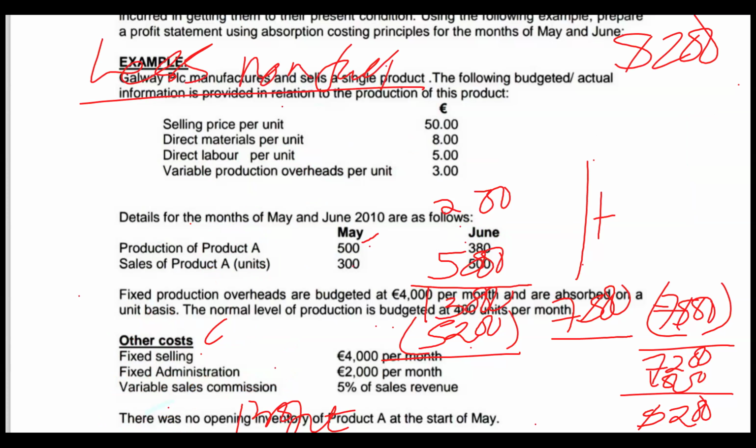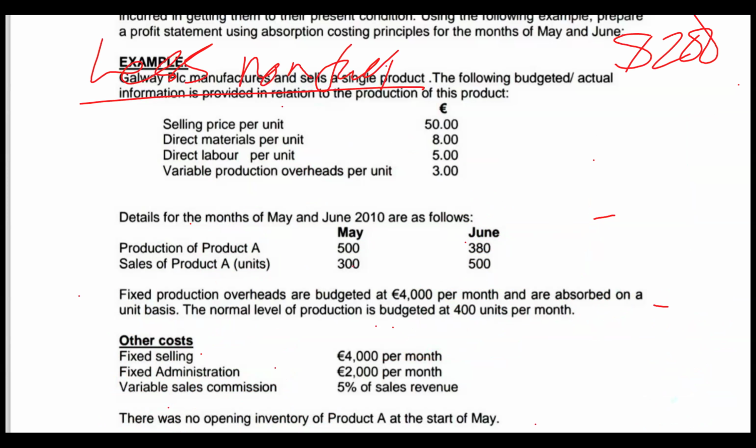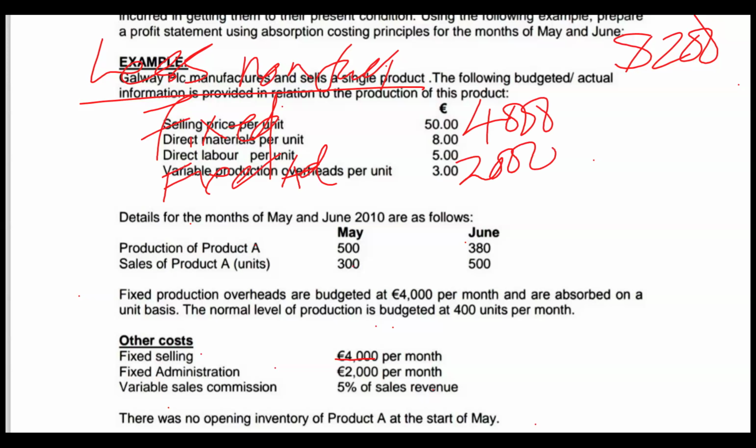For example, we have fixed selling, which is a fixed cost. How much is it? It is 4,000, right? And we also have fixed administration, which is 2,000. Then the variable sales commission is part of the non-production variable cost. It's 5% of sales revenue.